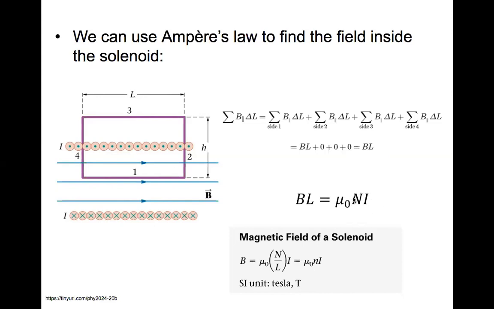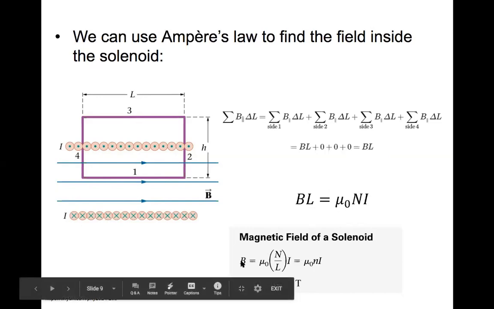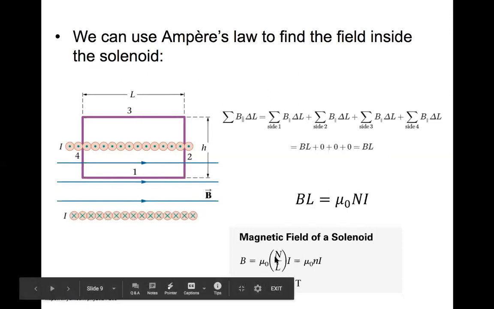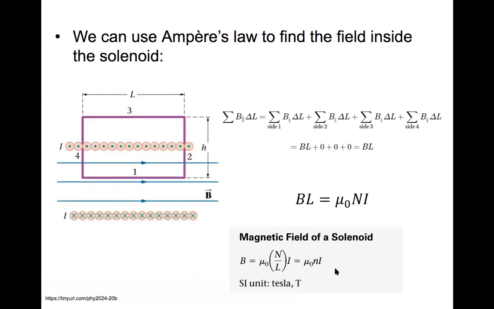You have n coils whose currents are enclosed by this rectangle. So you get the relationship B times L equals mu naught n times I. Then the B field equals mu naught n times I divided by L. Here, n divided by L gives you small n, which is the number of turns per unit length, or the turn density of the coils.